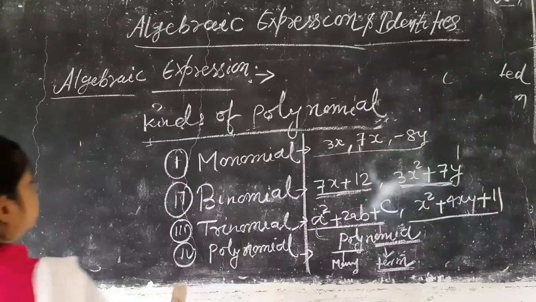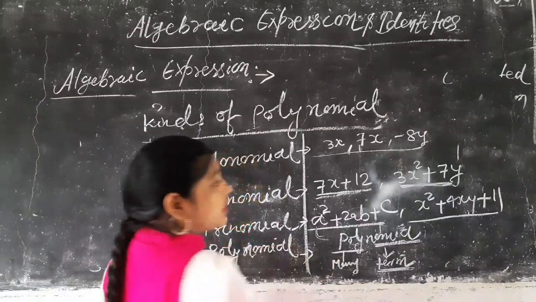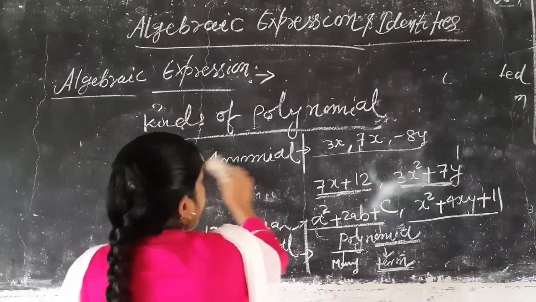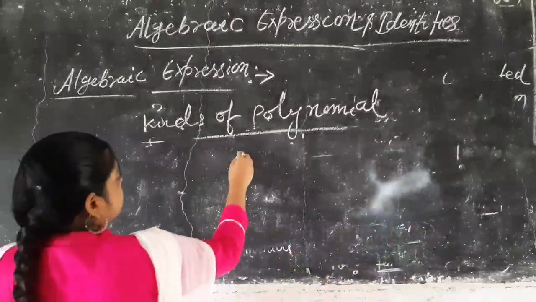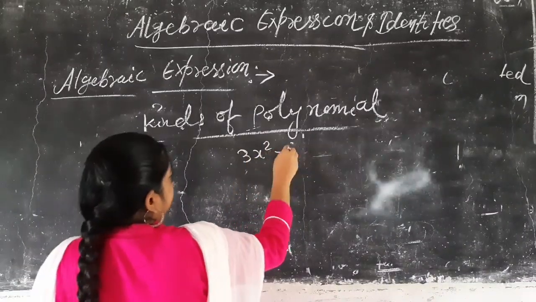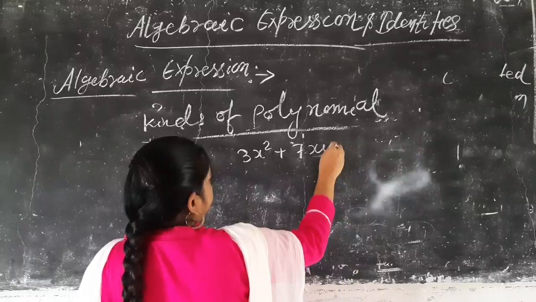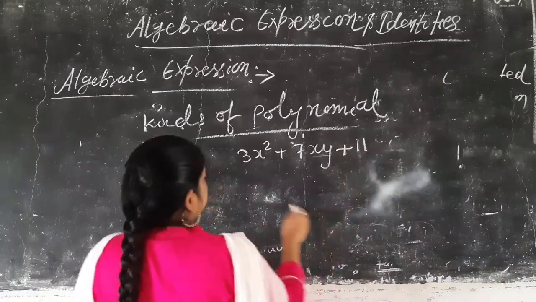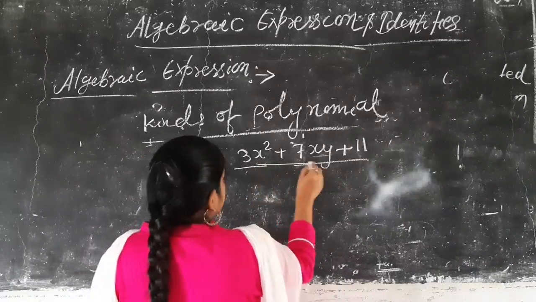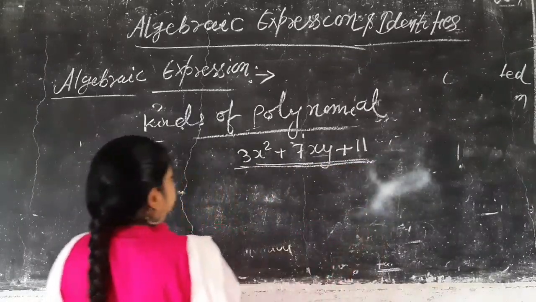So now the next thing is, what is the coefficient of a term? For example, write 3x square plus 7xy plus 11. In all these, look at this, this is a trinomial.